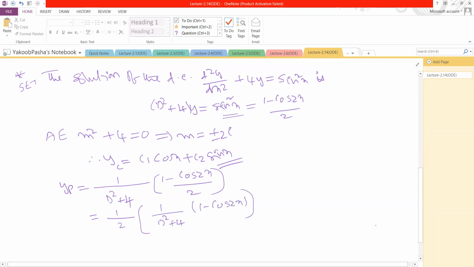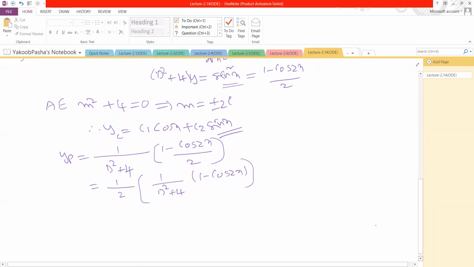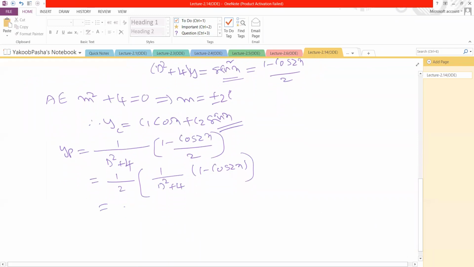I am writing 1 by 2 outside of the bracket. Here we can apply the particular integral individually: 1 by D square plus 4 of 1, minus 1 by D square plus 4 of cos 2x.